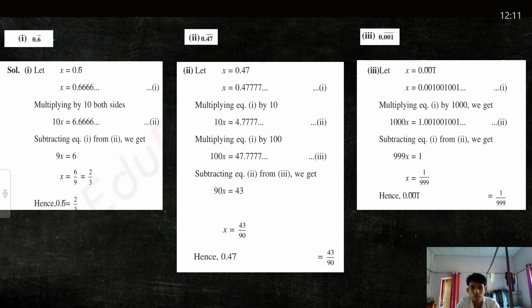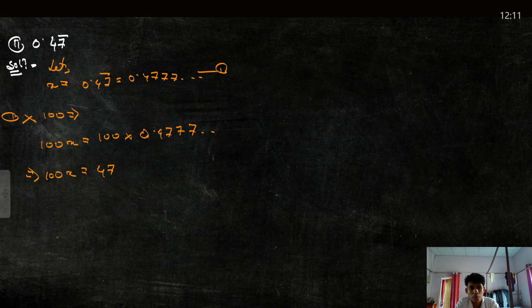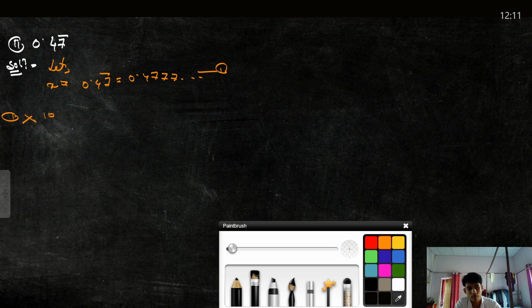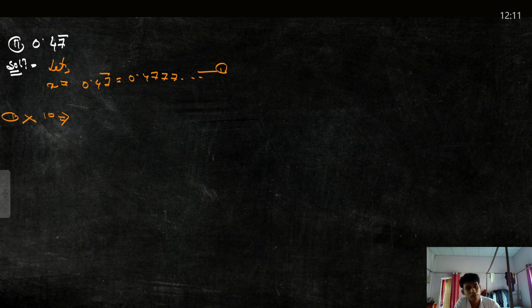Oh no, sorry, I have done a minor mistake. In this case, first we have to multiply it with 10, then we have to multiply it with 100. That implies 10x is equal to 10 times 0.4777 dot dot dot.